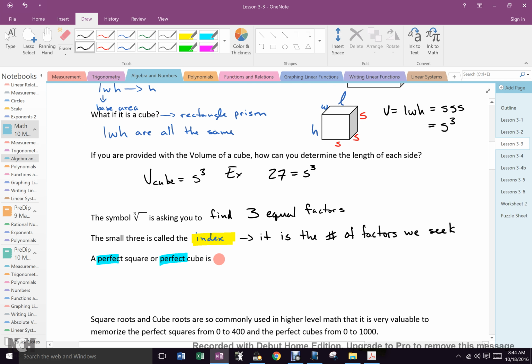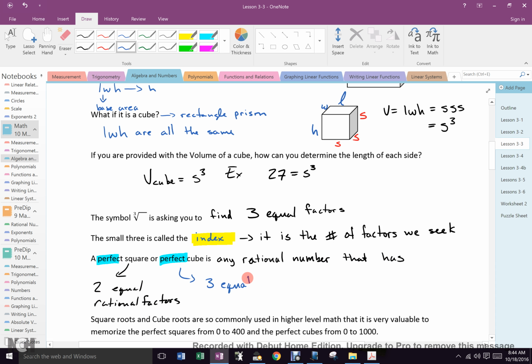A perfect square or a perfect cube is any rational number that has, for a square, 2 equal rational factors, and a perfect cube, which I will change color to, has 3 equal rational factors. Okay? Now, what do I mean by that?